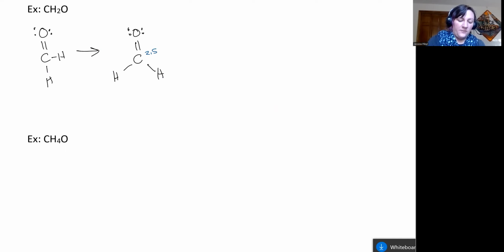My carbon is 2.5, my oxygen is 3.5, and my hydrogens are each 2.1. And now I'm going to look at the differences between them. So my electronegativity difference between my oxygen and my carbon bond is going to be 3.5 minus 2.5. So that's 1.0. Now that's greater than 0.4, so this one's going to be polar.